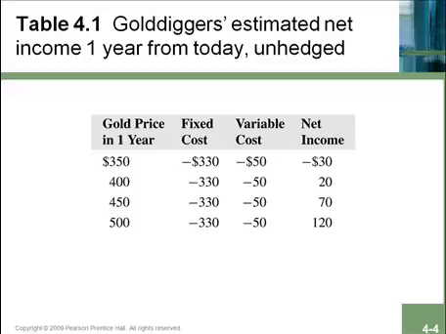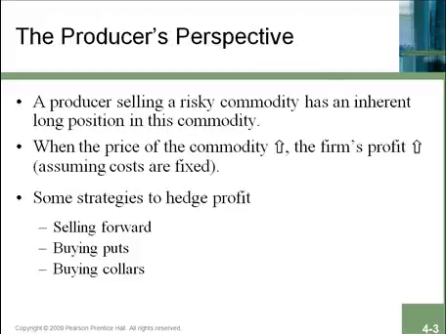So some of the techniques that might be used to help the company's shareholders sleep a little bit better at night and not worry so much about the risk include selling forward contracts. Alternatively, the company could buy put options on gold, or they could use collars, and we'll talk about some of those strategies as we go along.